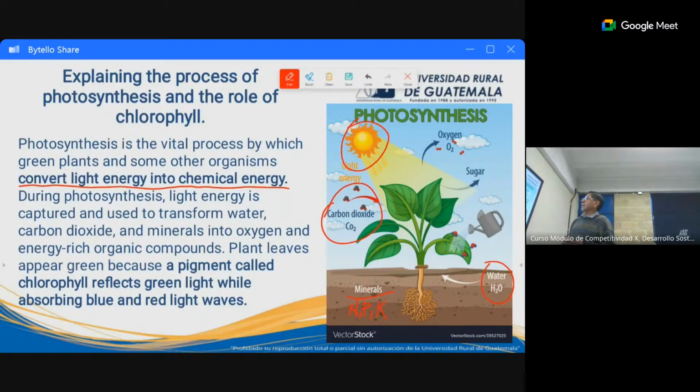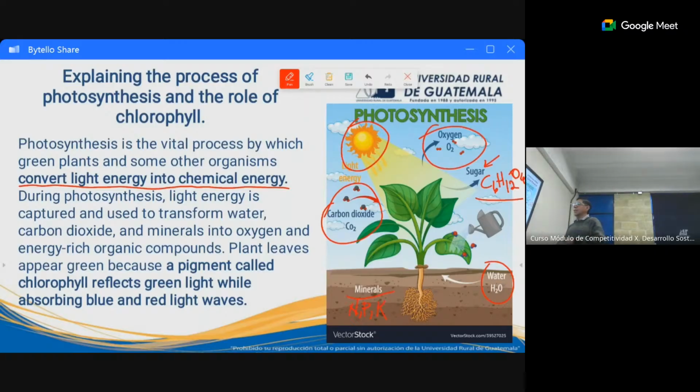And then everything is converted into oxygen and energy-rich organic compounds. This is the sugar that we saw before. Here's the oxygen, and the sugar that is like this formula here. Okay, this is the basic formula of sugar.